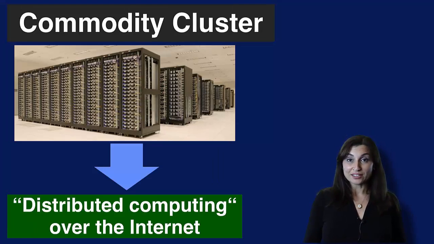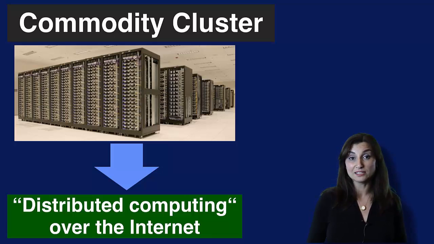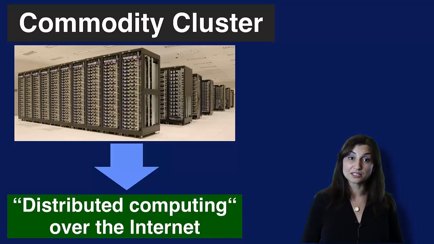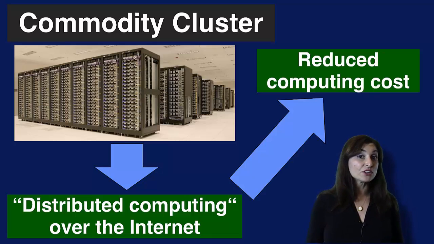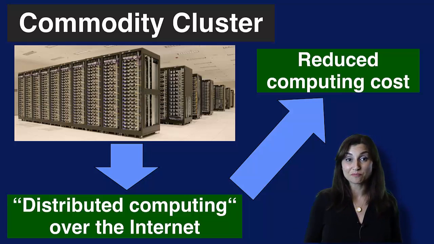The service-oriented computing community over the Internet have pushed for computing to be done on commodity clusters as distributed computations, and in turn, reducing the cost of computing over the Internet.